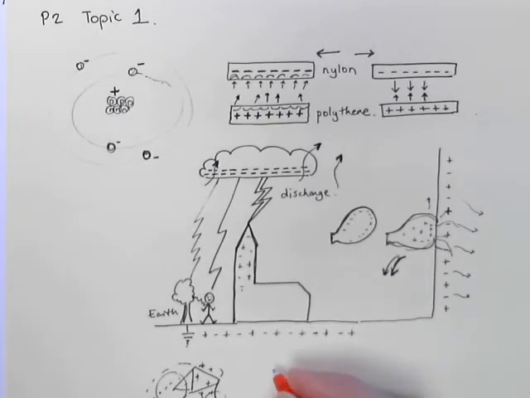I can think of some cases where you might need an earthing strip. For instance, if you've been flying through the air in a plane and the plane has got very charged up, then it might land on the ground, but its rubber wheels won't let any excess charge escape. It's on the ground, but it's still very charged up.